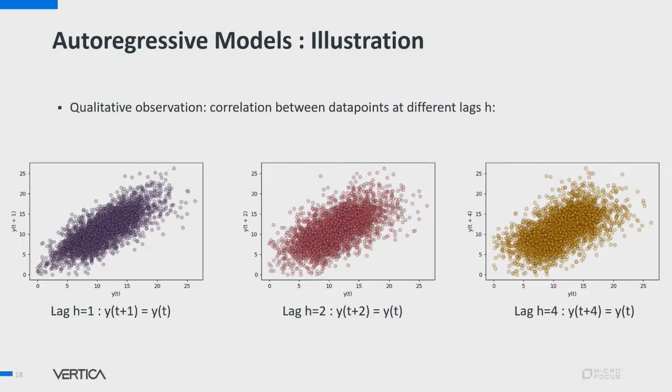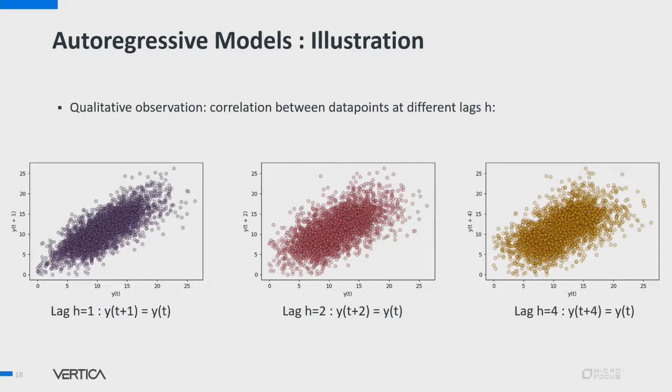So we can even notice that as the lag increases from the left to the right, from purple to red and then yellow, you can see that the correlation is actually weakening. So the oval shape of the scatter plot is wider with a lag of 4 than it is with a lag of 1, for example. So this is indicative of a weaker correlation between y_t and y_{t-4}. Again, this is part of the analysis.